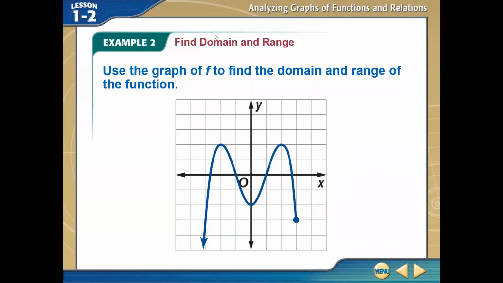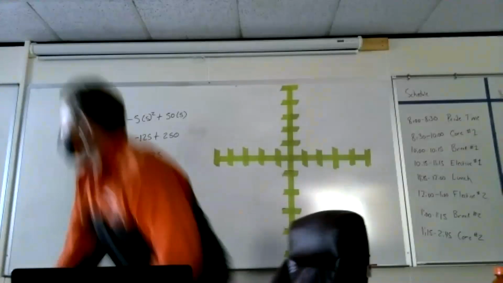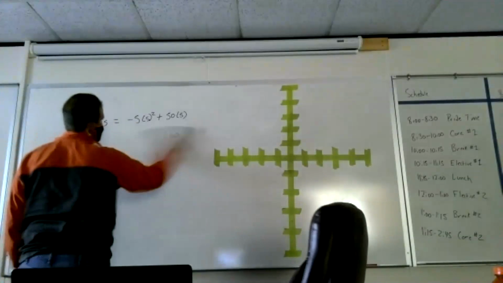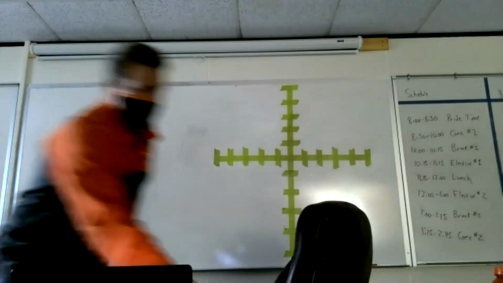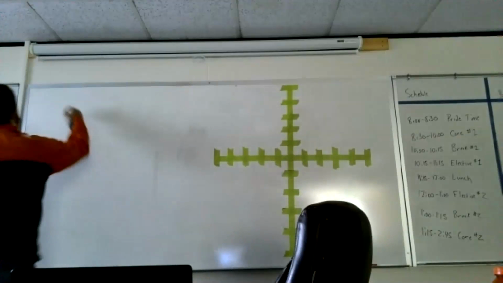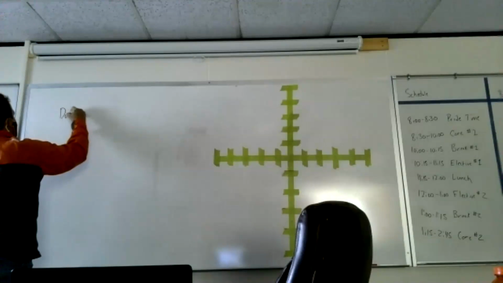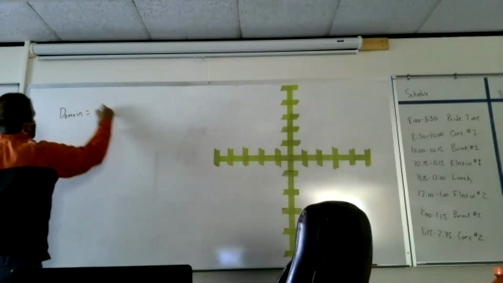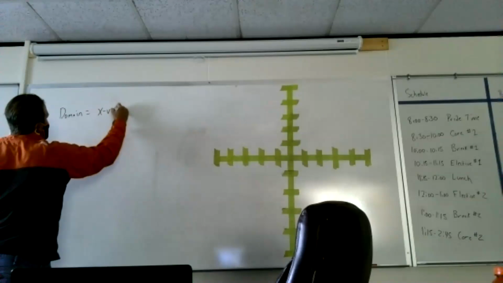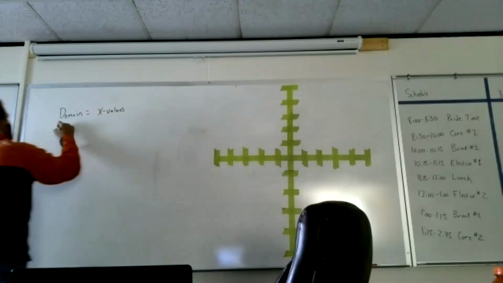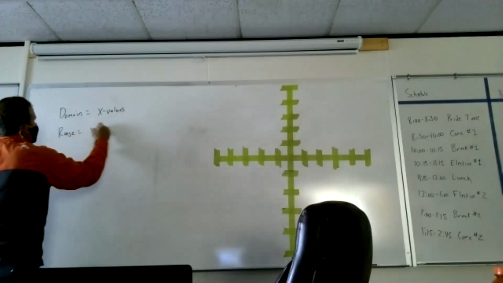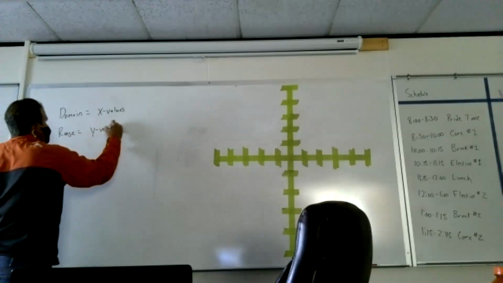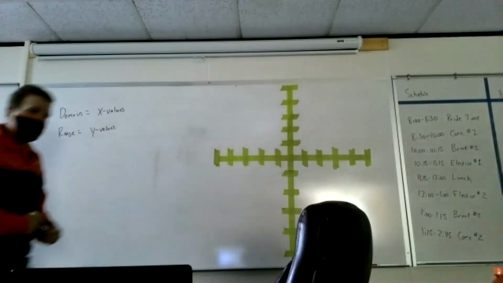If you want to make a note, just say your domain is x values, all the possible. Your range is your y values. Okay, and once again, it's all possible.